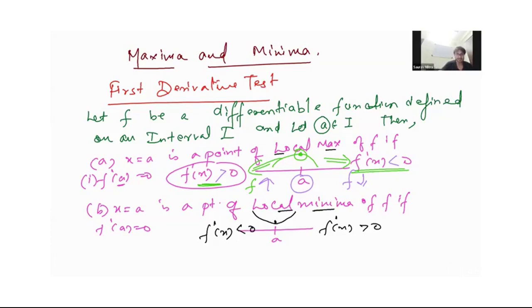And the third case is also there. The third case says that there is no change. If f dash a is equal to 0, then you get a point a and there is no change. If around a it is positive and positive, or negative, the function is decreasing and decreasing, there is no change in the graph.